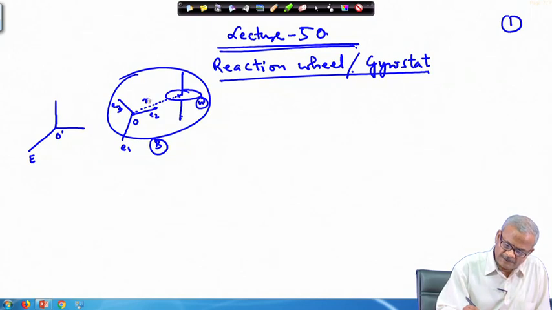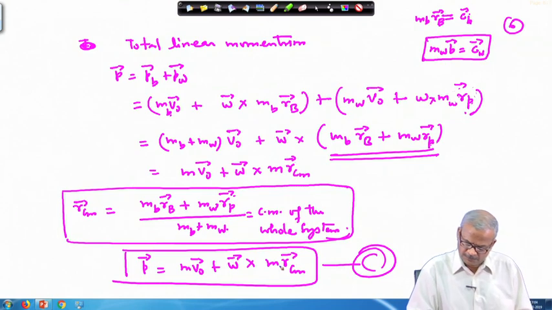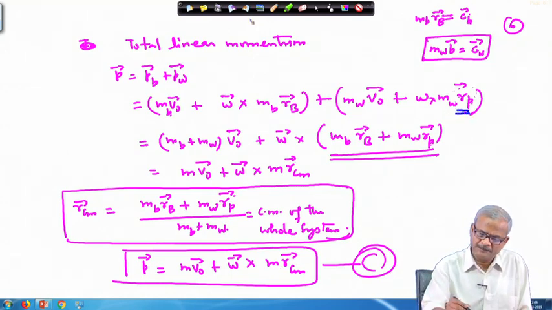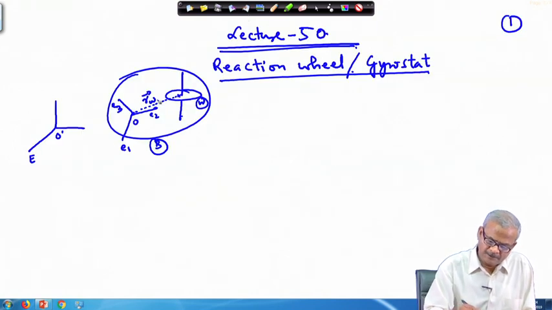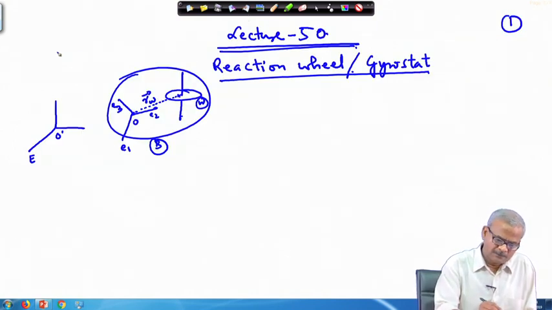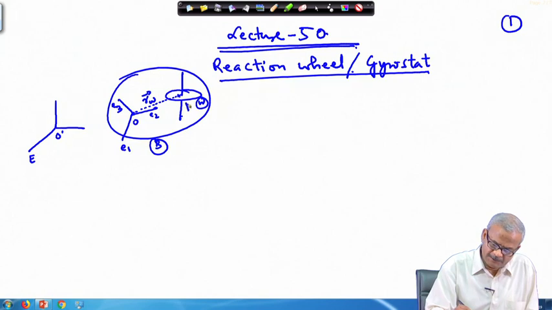And this we have written as R w. This we have written as R p here. So, R p or R w, this point we have written as P.